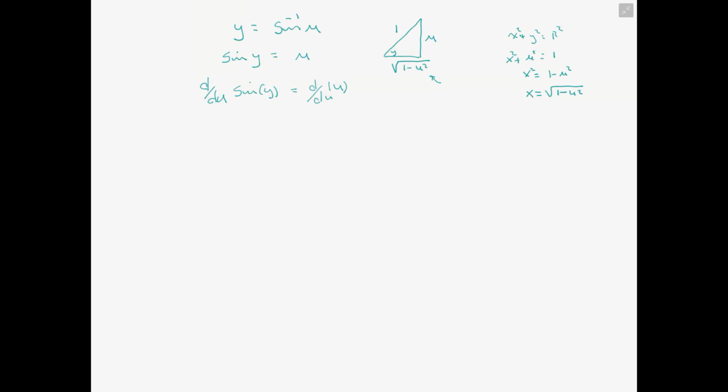So we do our derivatives. We go d/du of sine of y equals d/du of u, and we have cosine of y times dy/du equals d/du of u, and that means dy/du equals 1 over cosine of y.